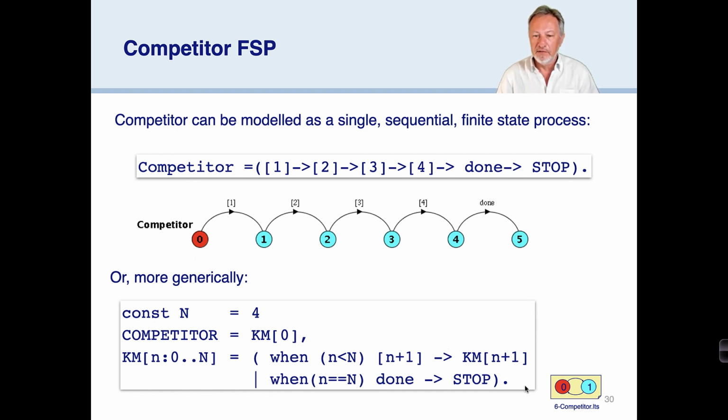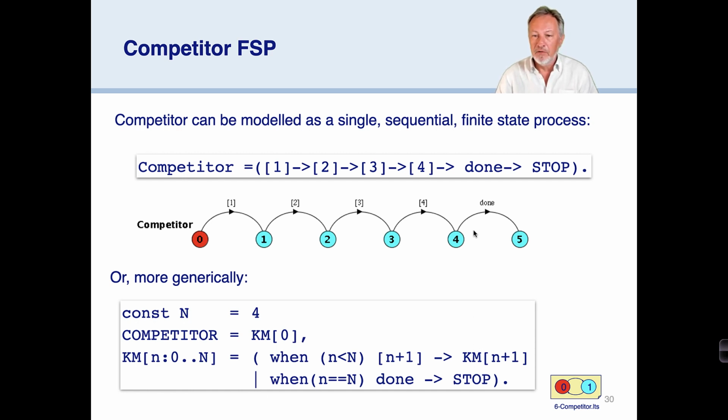We can model this in the same way as we did the previous example. We define a constant, n is 4, and the competitor runs a certain number of kilometers. If the parameter is less than the total length of the track, then we can perform an action km for the next kilometer to be performed, and then go to the next state.